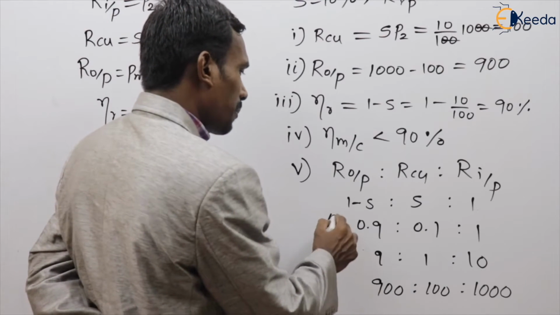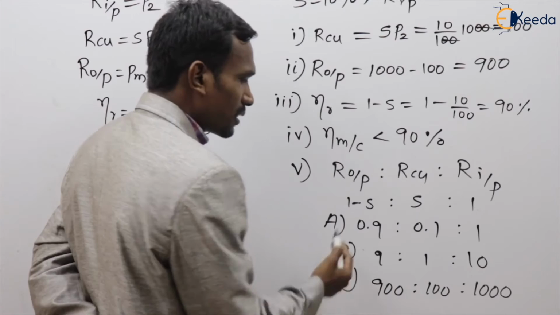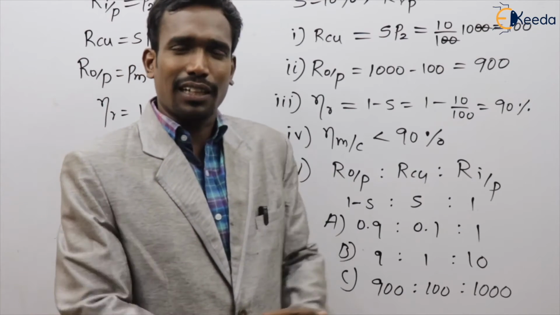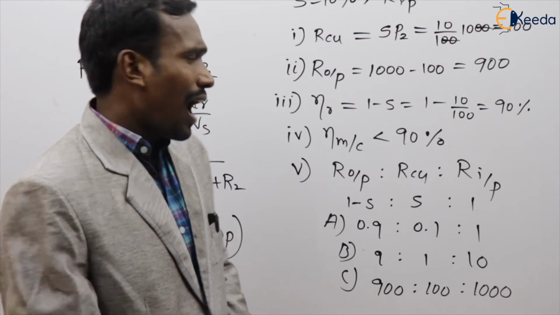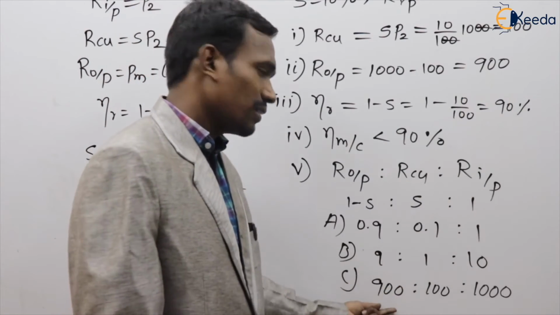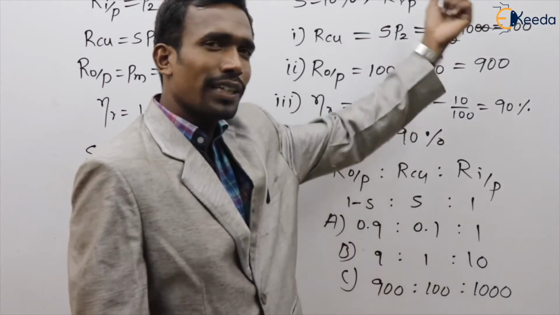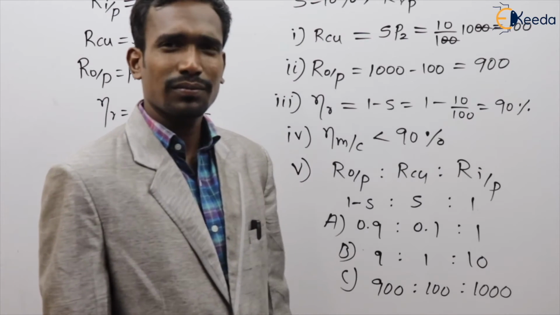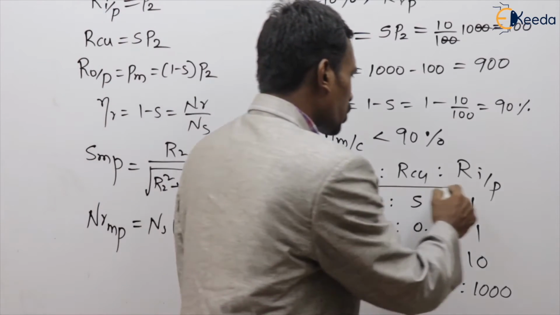They may give option A or B or C; any of the above is the correct answer. Be careful. We already know my rotor output is 900, my rotor copper losses are 100, and my rotor input given is 1000.